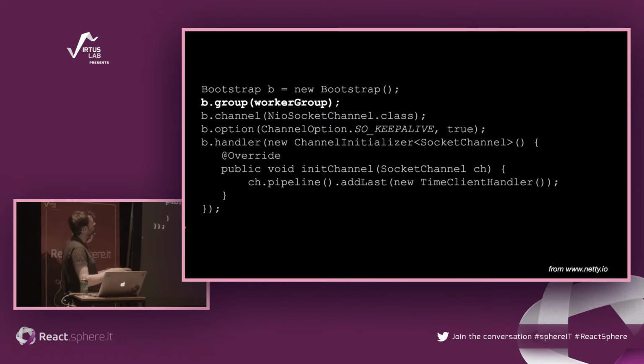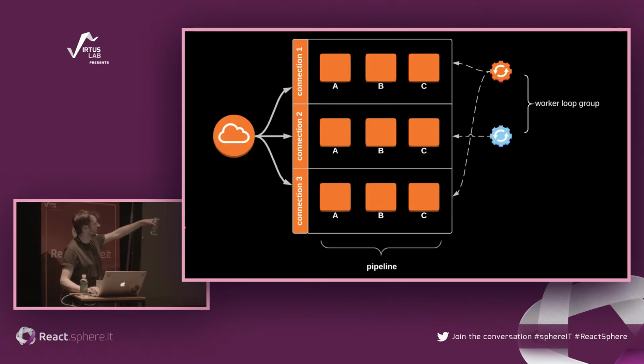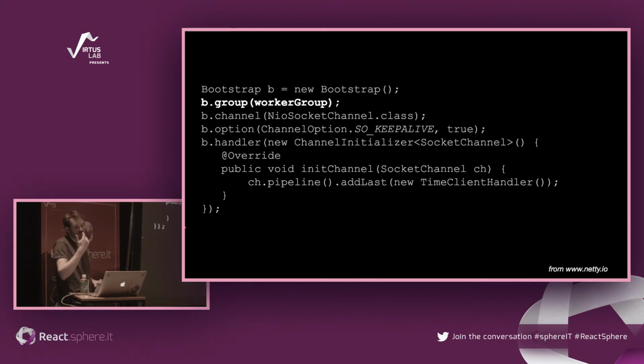So let's go back to the example. I want to now call another service from the bidder, and I need to specify a thread group that will be executing the client pipeline. So I can pass the service event loop group, but actually it doesn't matter.